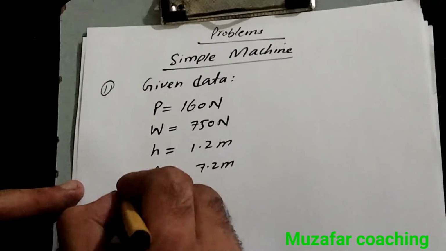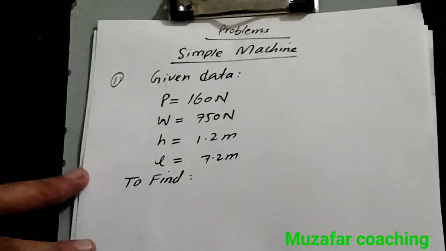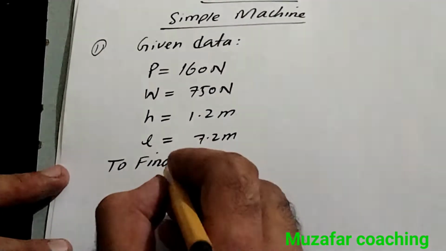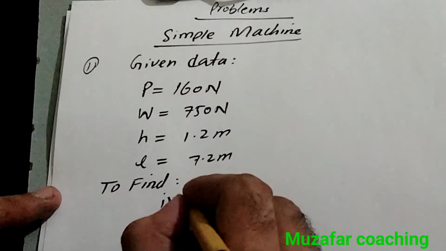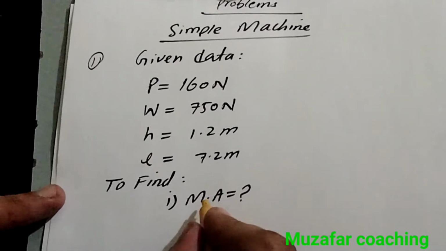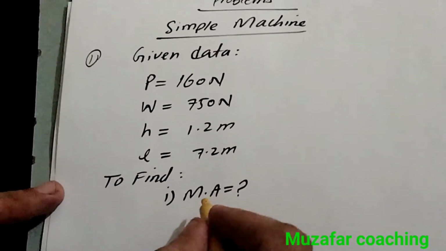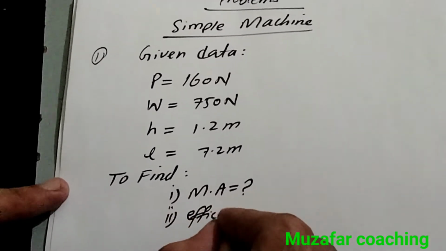And we are supposed to find two things. Number first is mechanical advantage. As I already told you, mechanical advantage is written in short form as M.A., and number second is efficiency.